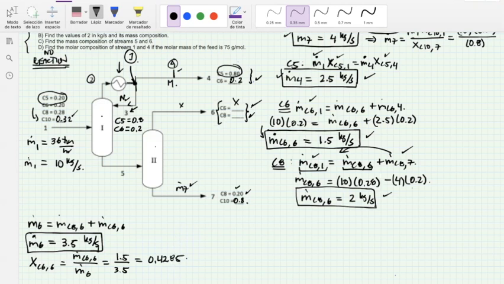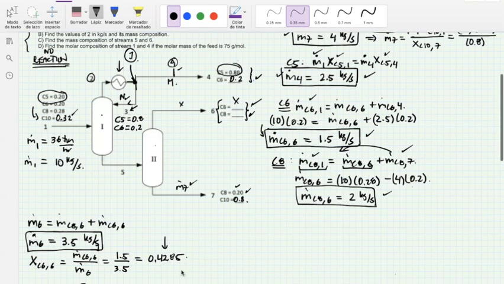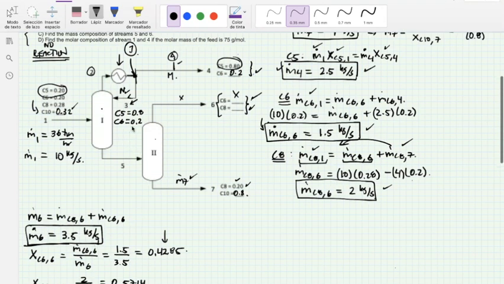And also for C8 at 6, you're going to have this value 2 divided by 3.5, or 1 minus 0.42, which in this case is 0.5714. Okay, so these are not kilograms per second, these are just the compositions.